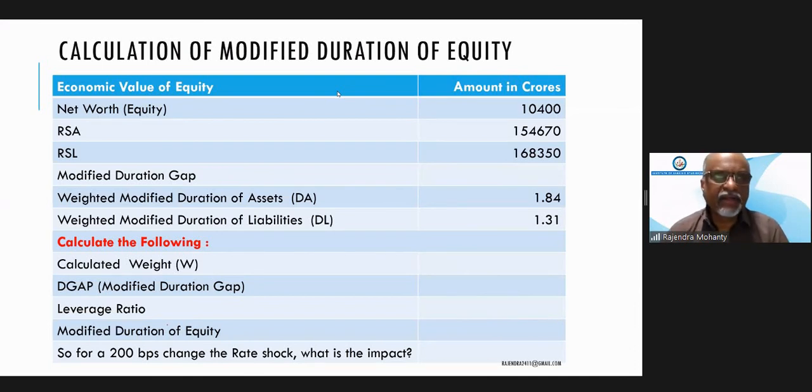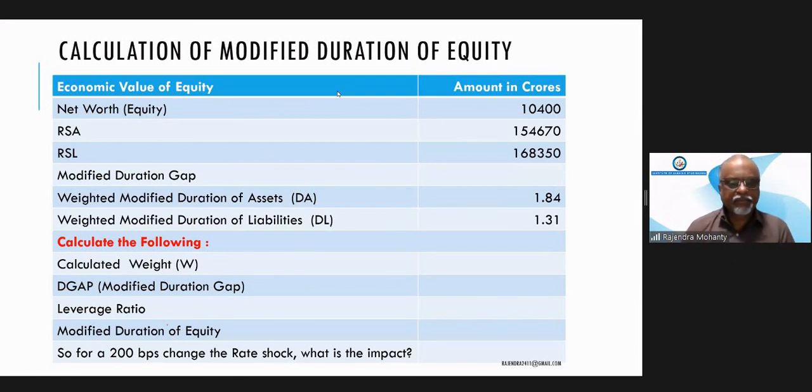So your modified duration of equity, how much did you get? 6.24. 6.24 multiplied by 2, simply. 12.48. 12.48%. That is, you can say 12.48% decrease or increase according to the change of BPS.